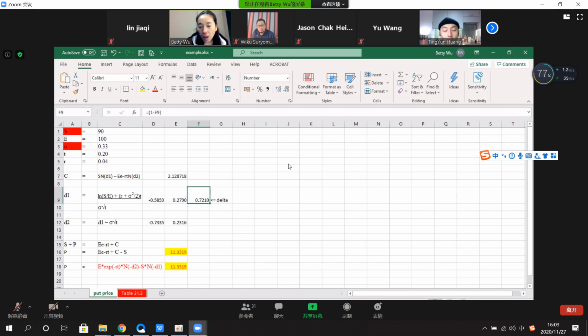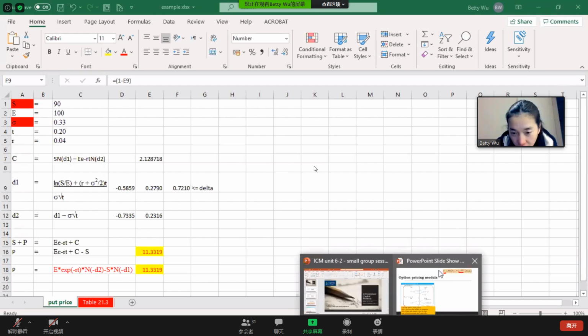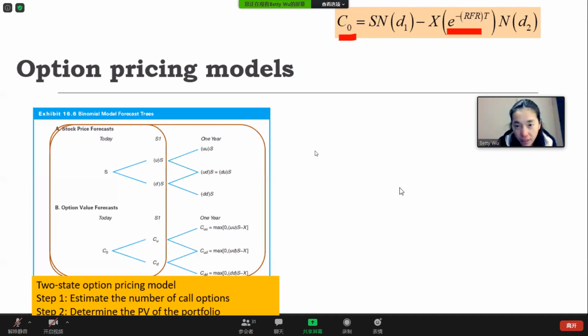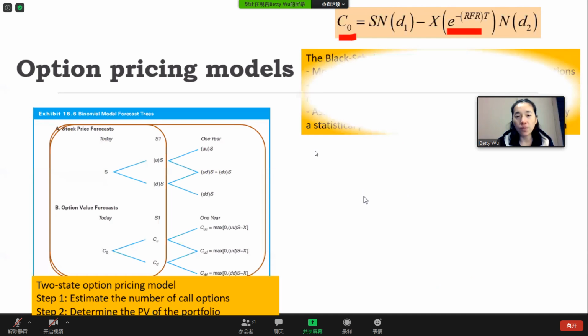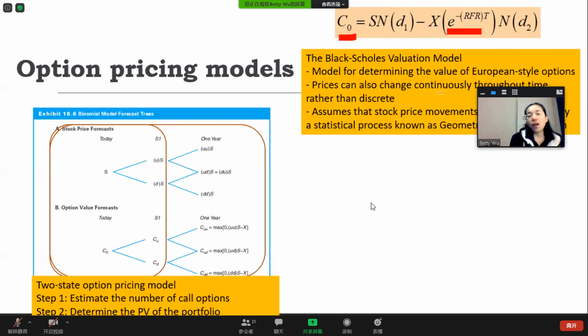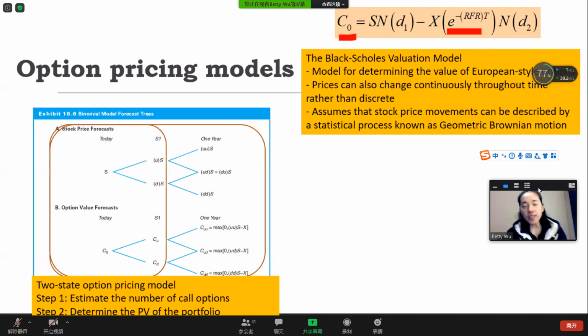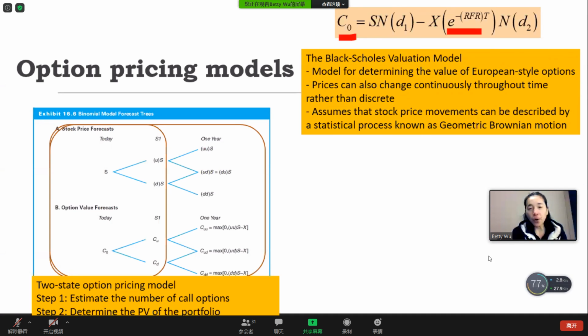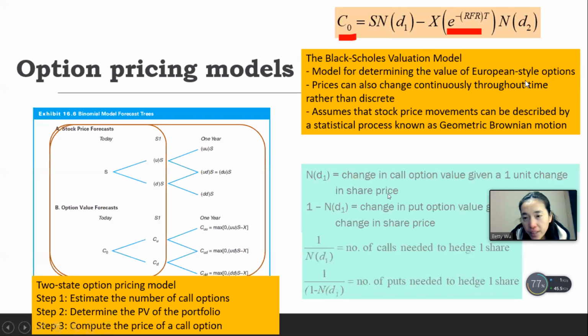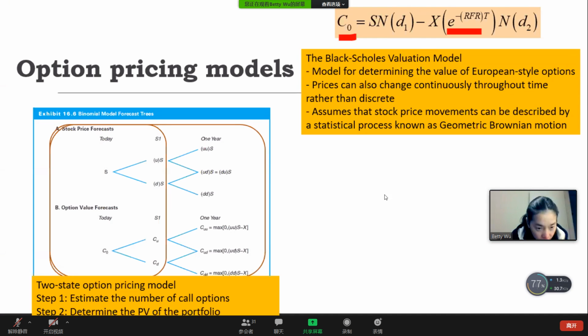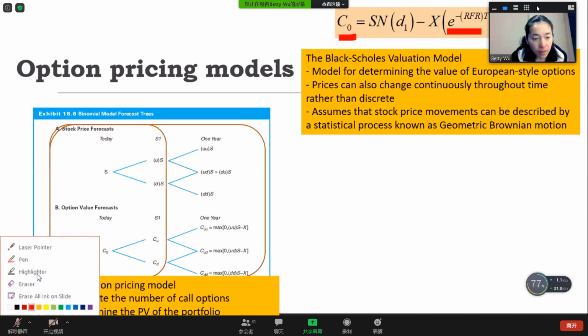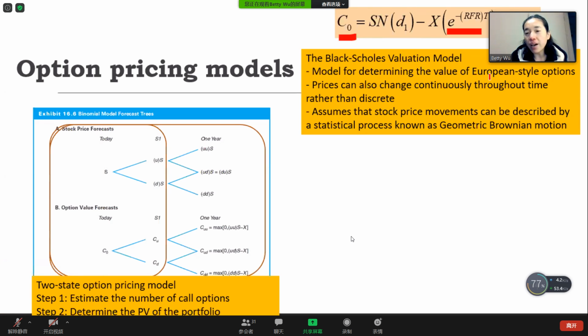All right, back in here. So the Black-Scholes valuation model is a model for determining the value of European style options. That means options that can be exercised only on the maturity date.